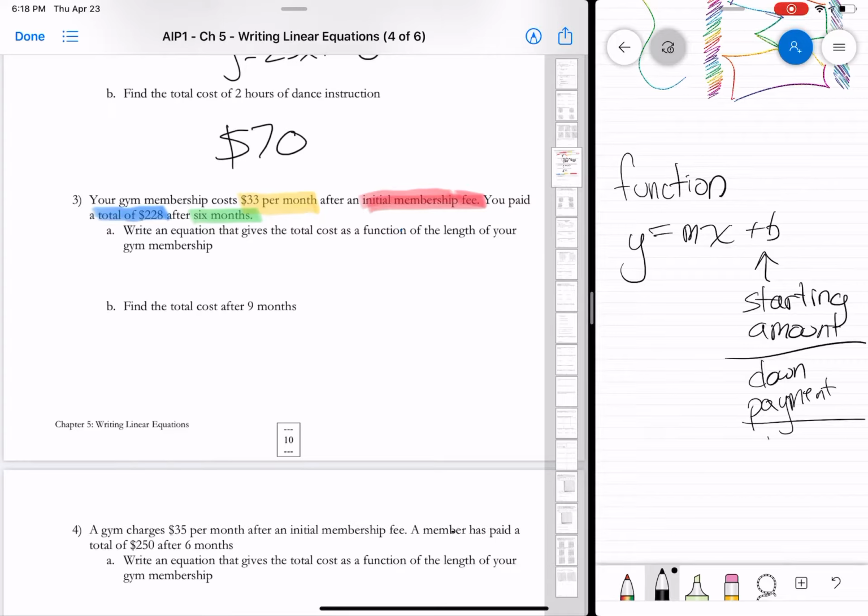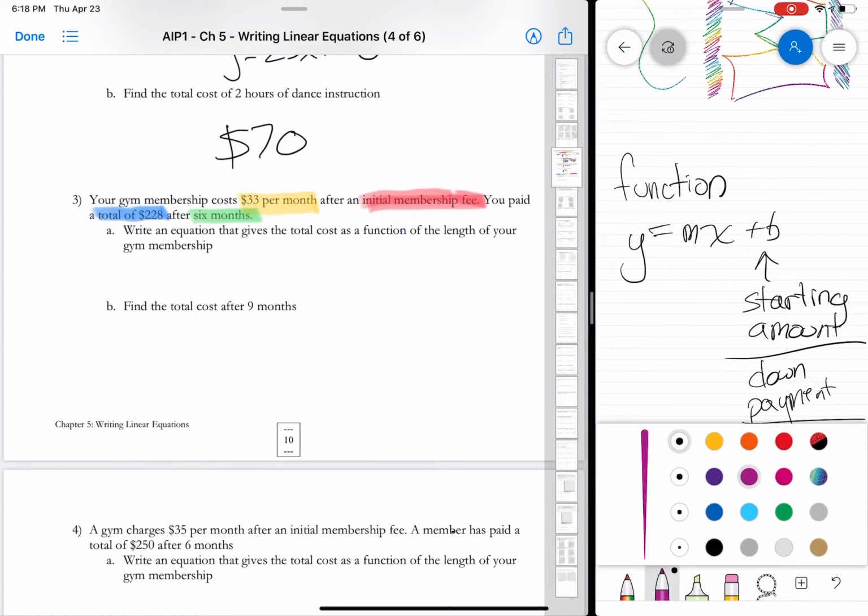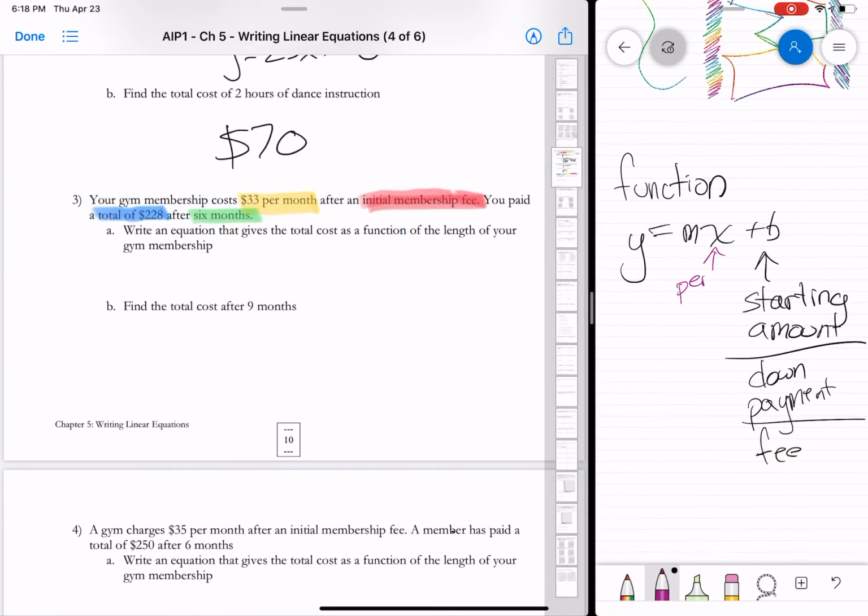Or a fee, right? It's something that we're paying additional to it. And then our x is always referring to per something. Per, I don't know, let's say month is usually what we see. And we always know our y is our total. So these are the parts that we're always looking for to fill in.